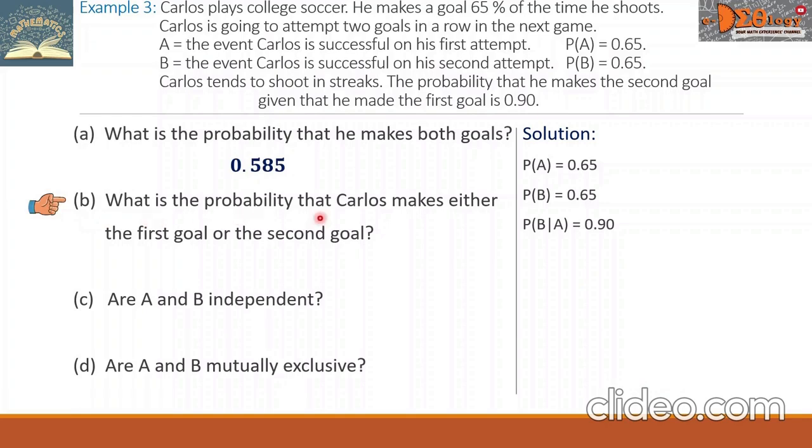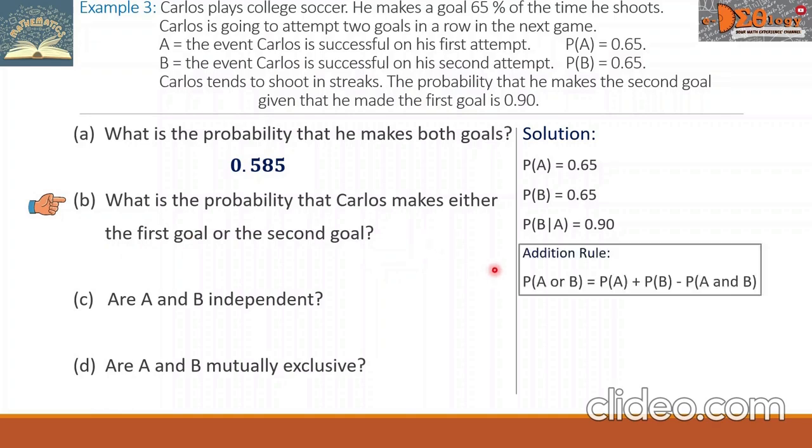What is the probability that Carlos makes either the first goal or the second goal? For this problem, we will use the addition rule.